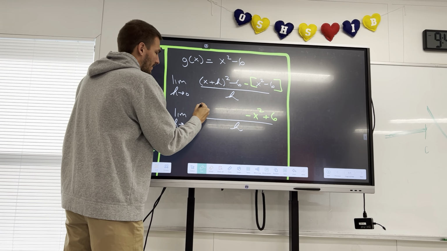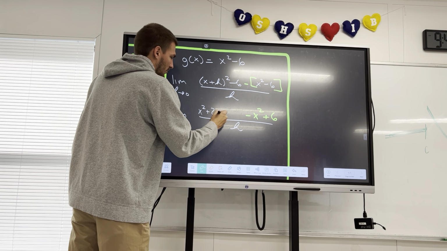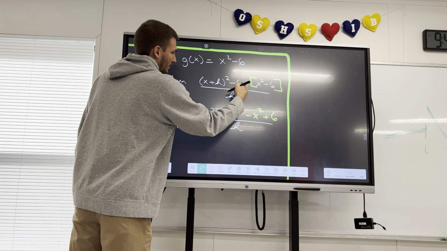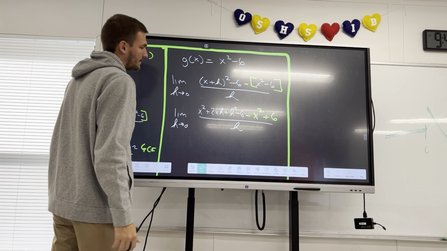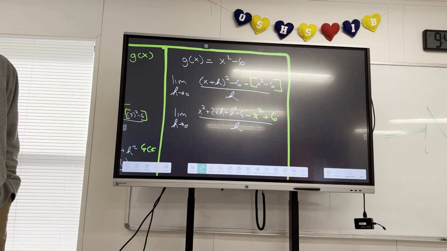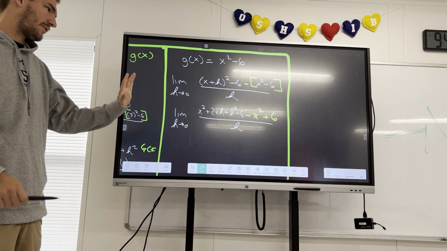It's gonna be x squared, xh, and we're gonna have 2 of those, plus 2xh, and then we're gonna have h squared, and then we still have that minus 6, don't forget. Okay. Pause for a second. Can we all get that far? Again, it's funky because we have to do foiling with 2 variables, but we're IB kids, we can handle that.